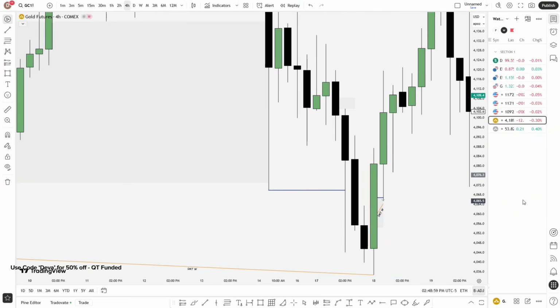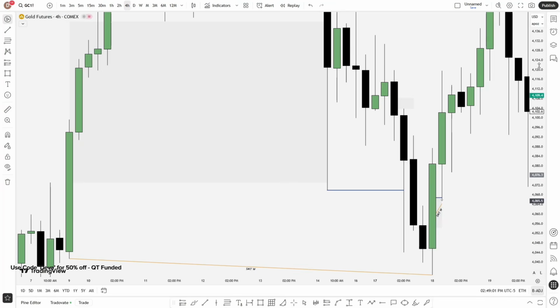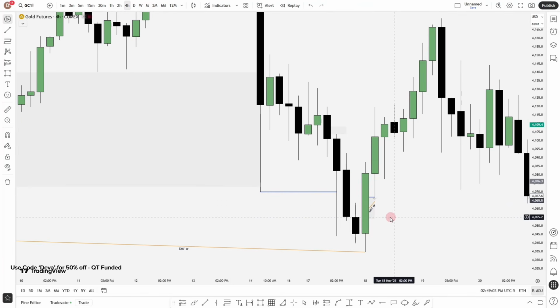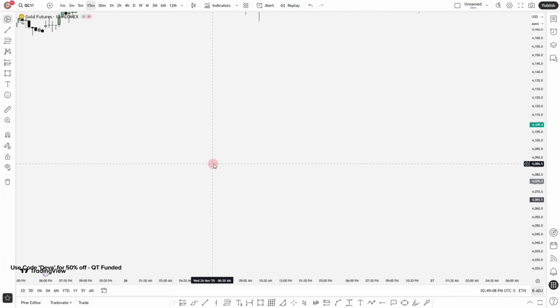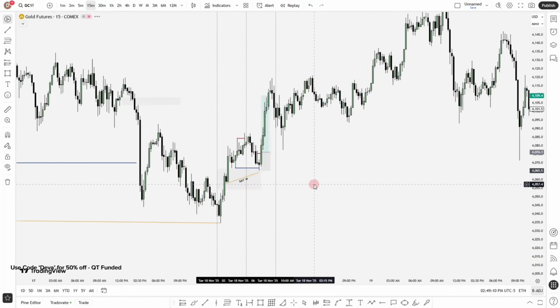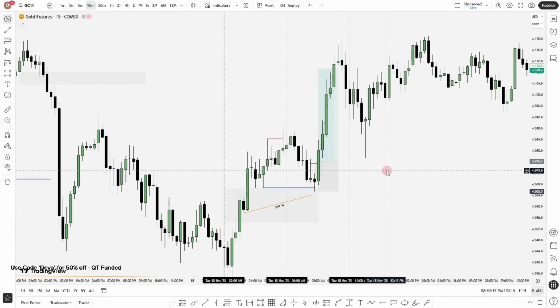Remember the Twitter model and every alignment we combined here. That's it. That made the distribution here. And in the lower time frame, make sure that you have an entry model, double purge, whatever it is. And yes, this is a stop run into a key level, which is very high probability. I recommend you backtest and reverse engineer this, and you will find a lot of success.